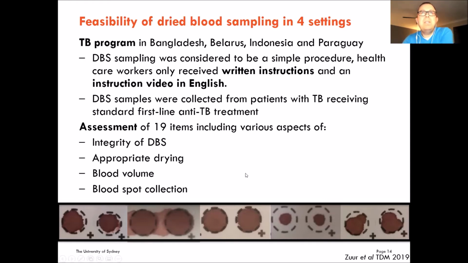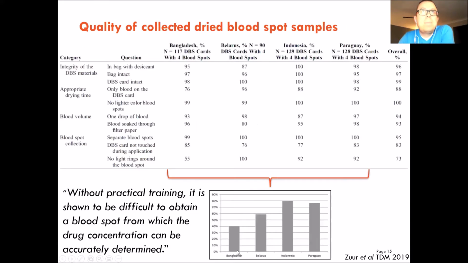So all these different types of sample collection and performance of that procedure affect whether your sample is usable or not. We looked at all these aspects from the different settings, and we found that depending on the settings, the affected procedures would either be related to collection, to storage, to procedures.